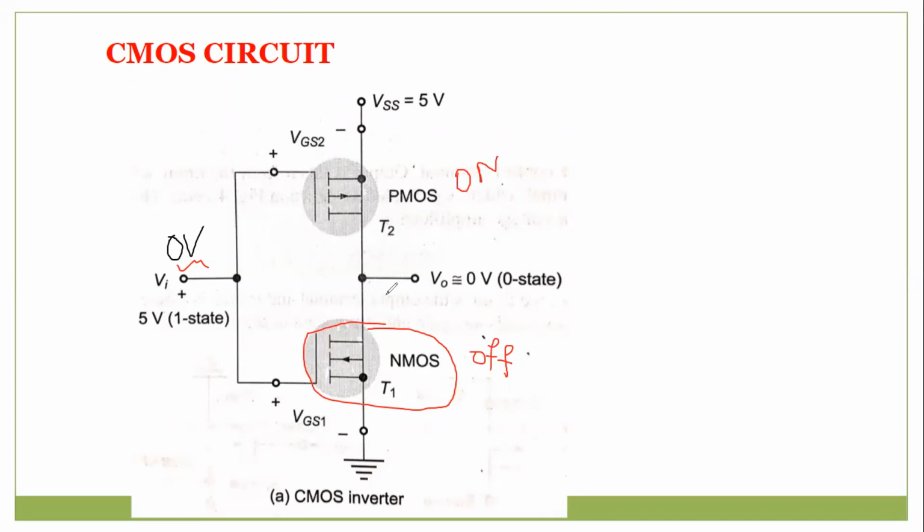Now if this is off and this is on, then the supply will come to the output terminal. So that's why we get 5 volts. 5 volt is nothing but logic 1. So this is the reason when I provide 0 volt input, I will get 5 volt. This is the way the CMOS circuit works.